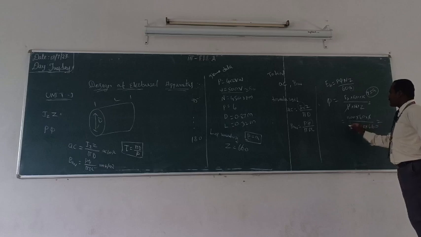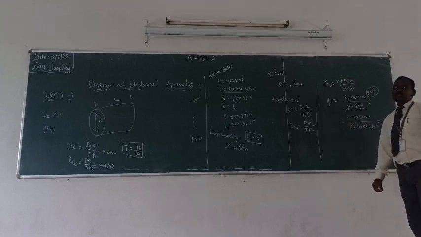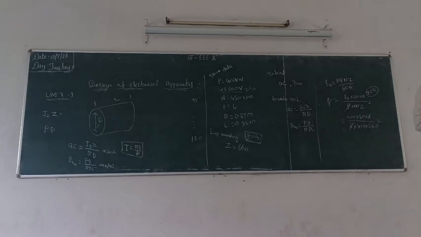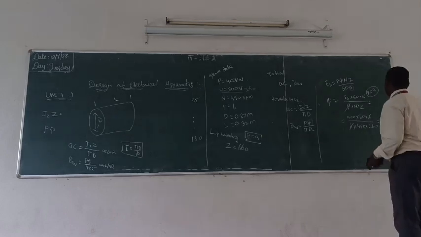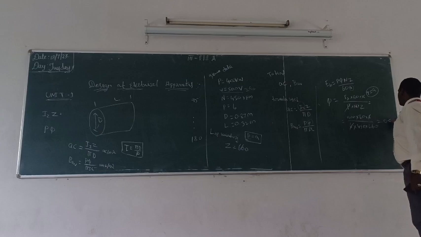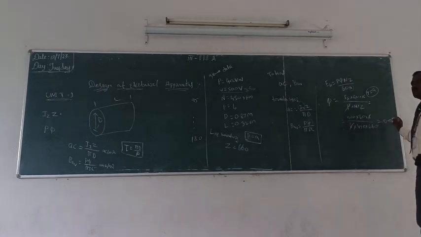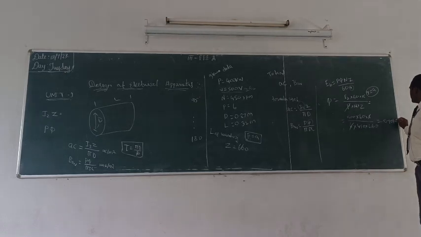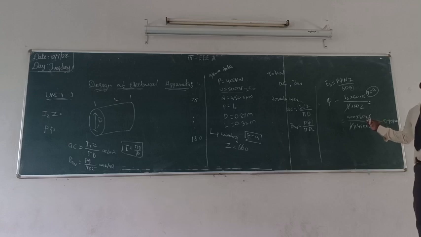The remaining value we can find, that is the pi value. What is the value coming? You can check it and tell me how much it is coming. 0.01 Weber.